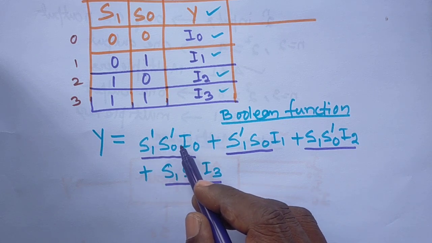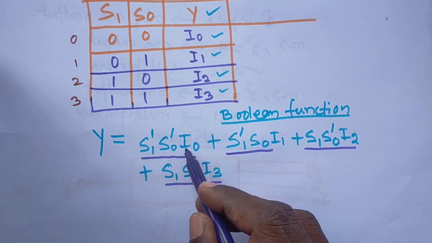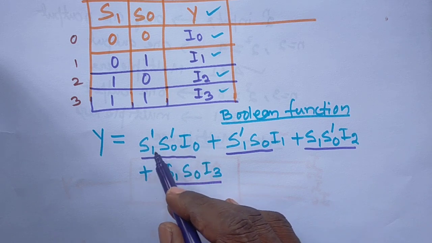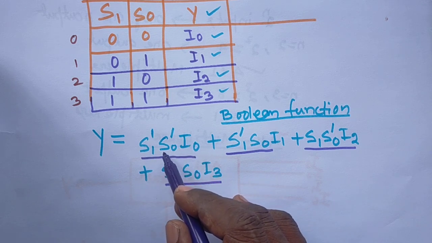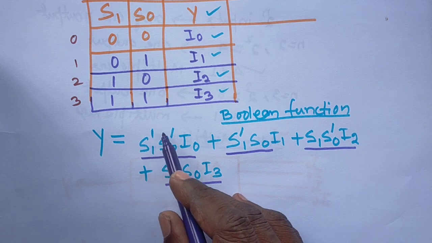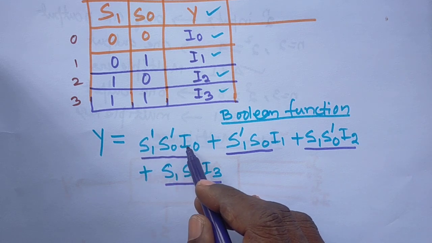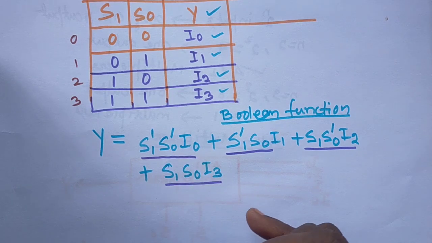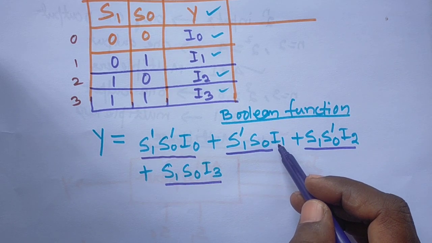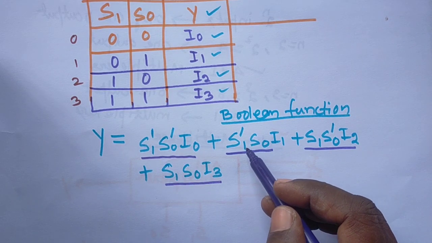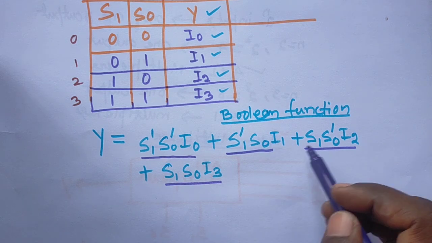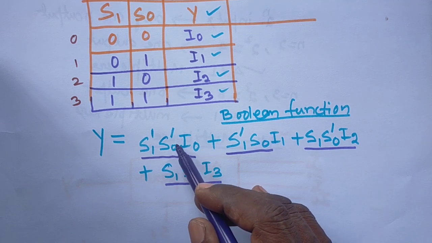Here you see the multiplication of all terms I0, S0 dash, S1 dash. So that is an AND gate, because it is the multiplication of all these items. Here similarly, multiplication of all items I1, S0, S1 complement, so here also an AND gate.